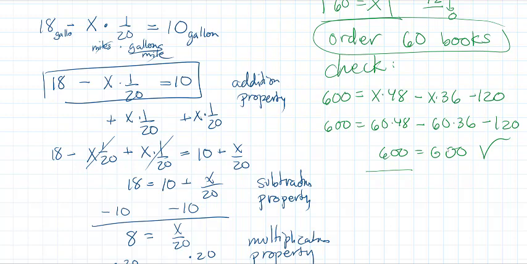Okay, so we solved both problems, and again, if any of this was not clear, you can go back to the other videos and check them out, because we work out some of these similar examples in the earlier videos.